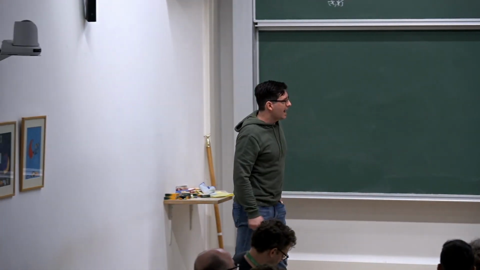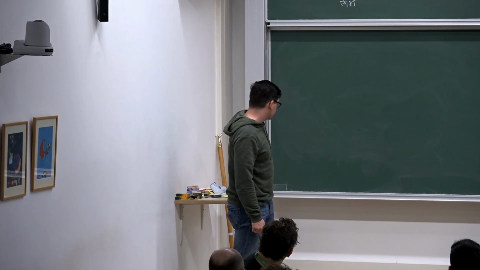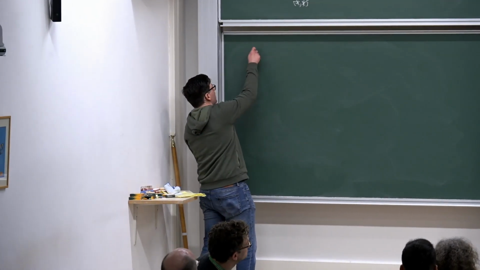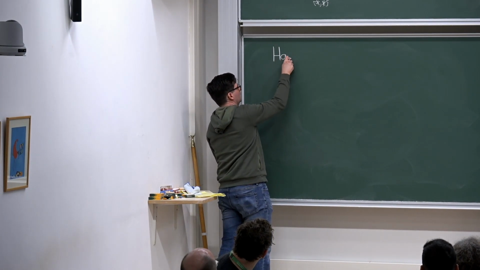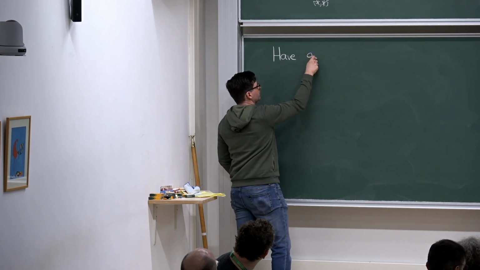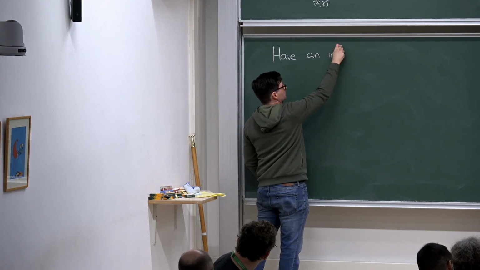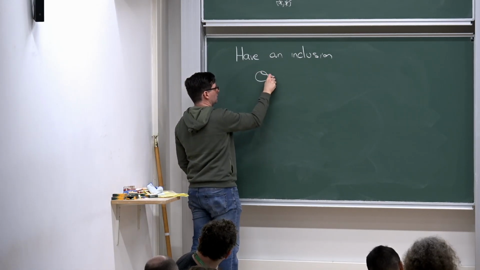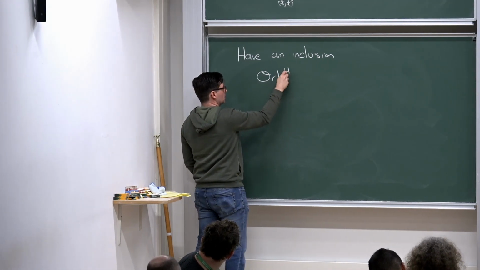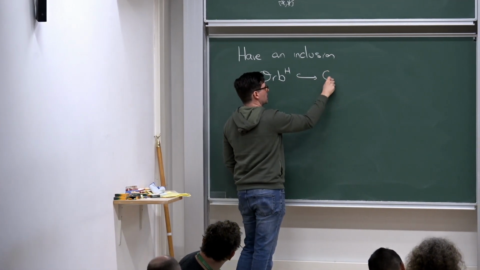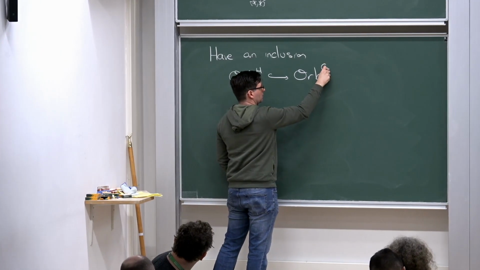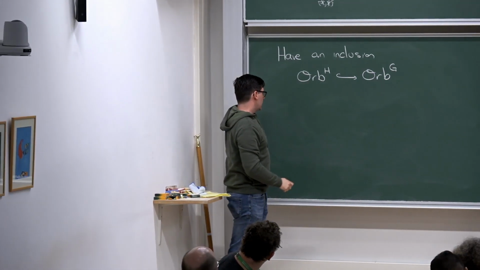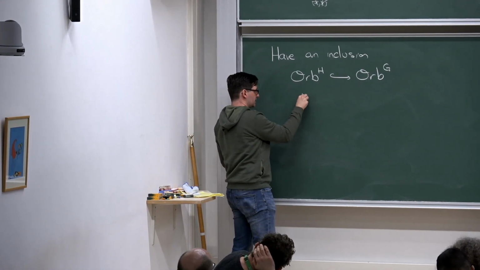So now I have a little bit more since I'm working in these diagram categories. I have an inclusion of the orbit category for H into the orbit category for G. And basically what it does is it's induction.